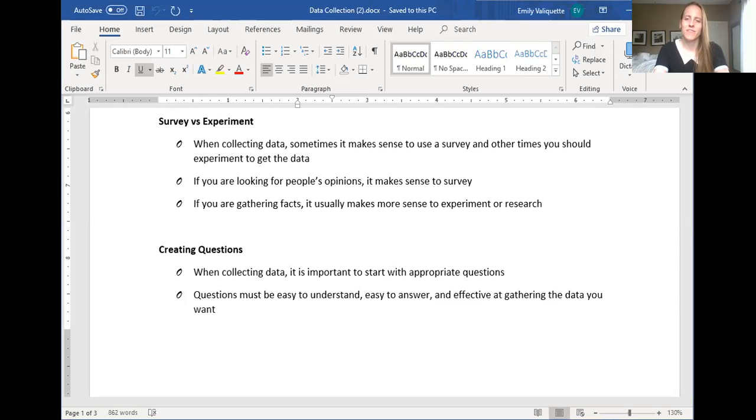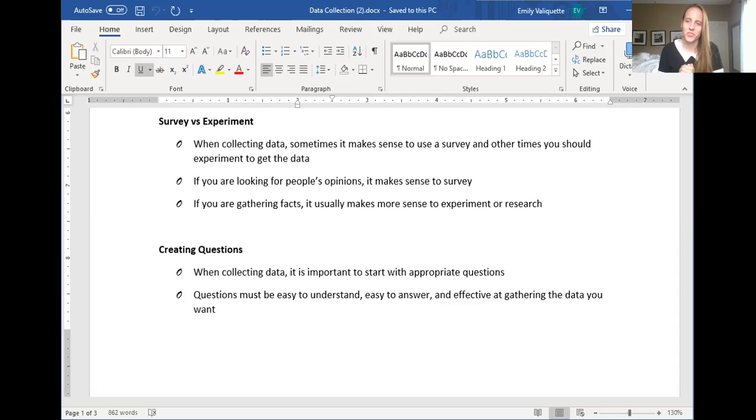If you're gathering facts, then it makes more sense to run an experiment. So if you're trying to see how often does buttered toast land butter side down, you're not just going to go around and ask people what they think. You're going to actually take a piece of buttered toast and drop it a bunch of times and run that experiment to see what happens.